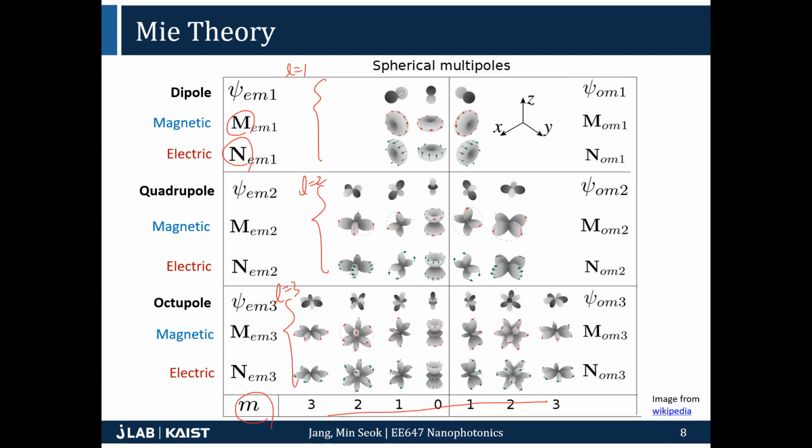You can see here for L equals 1, which we call a dipole, your psi, the scalar function, looks like it has 2 poles.